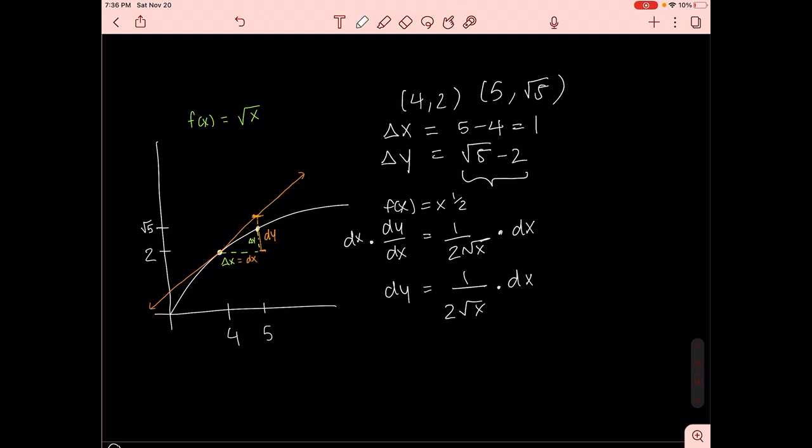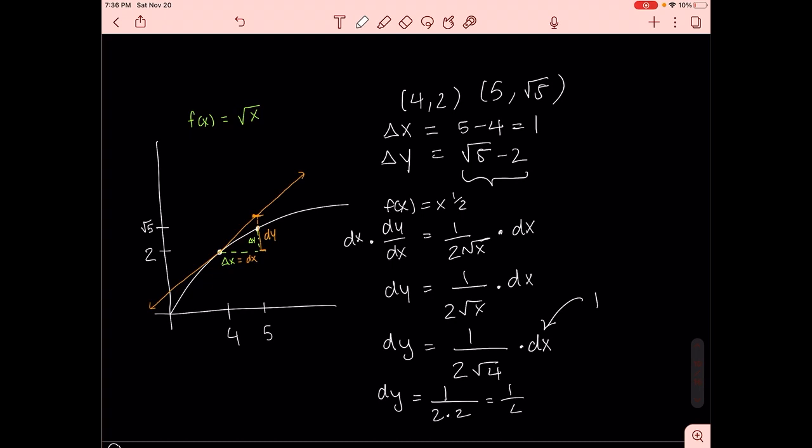And now let's plug in 4 here. dy is equal to 1 over 2 times the square root of 4 times dx. And we know what our dx is. We just calculated it. So that would be 1. And that means that dy is equal to 1 over 2 times 2, which is equal to 1 over 4.